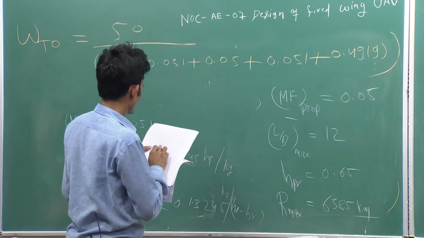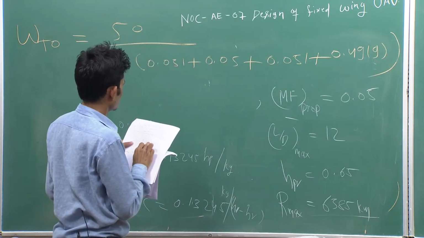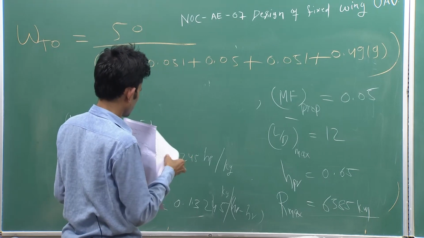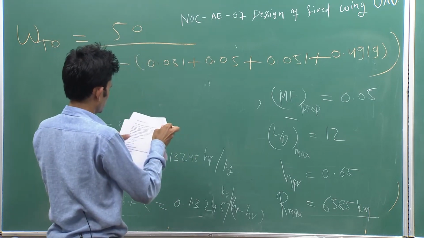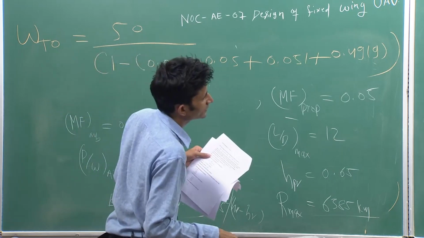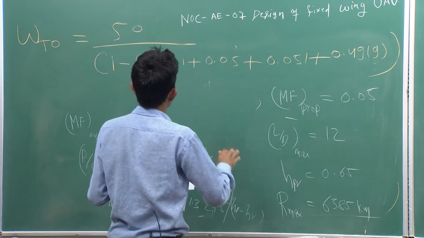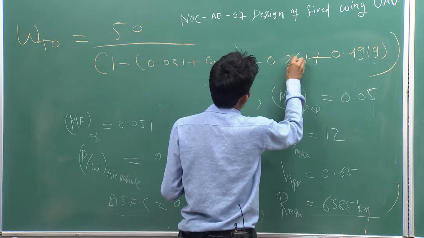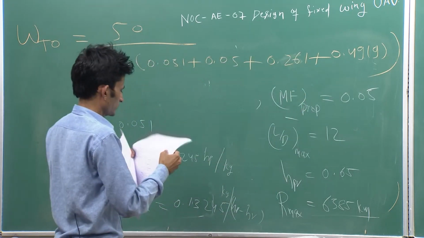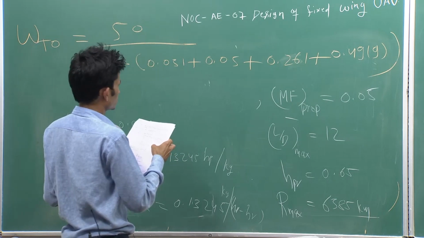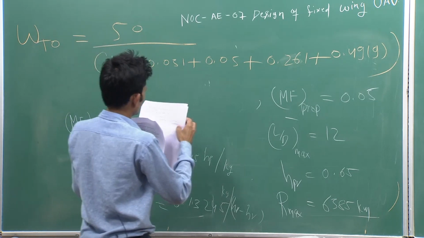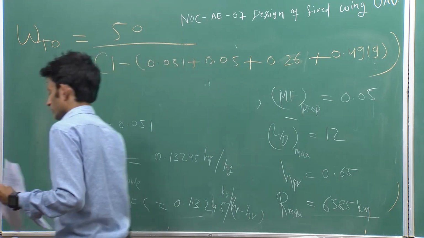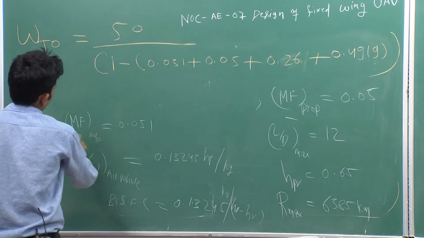Okay, let me check: 0.05, 0.051, and the mass fraction of the structures is given 0.26. Okay, so 0.26, 0.49, 0.051, 0.05, and this is 50.